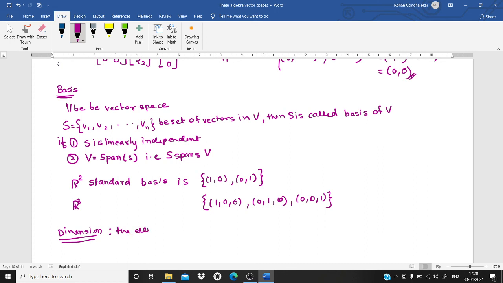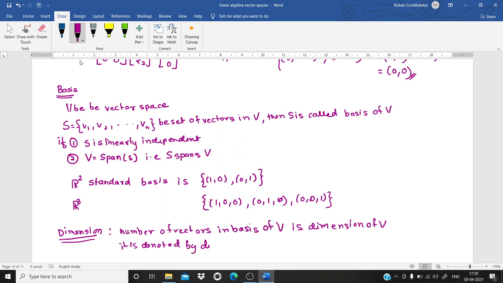The number of elements, or say number of vectors, in the basis of V is the dimension of V, and it is denoted by dim of V.